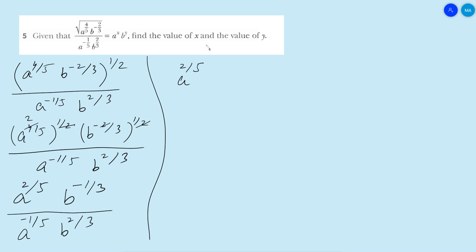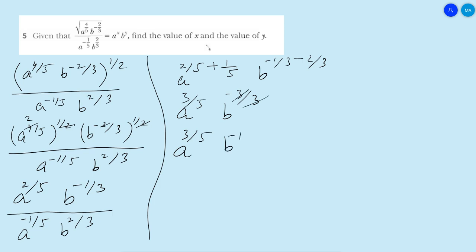Move this minus 1 upon 5 on top. It will be 1 upon 5. B minus 1 upon 3 and minus 2 upon 3. So for A the denominators are same, 2 plus 1 is 3, answer is 3 upon 5. For B the denominators are same, minus 2 minus 1 is minus 3, minus 3 upon 3. So A is 3 upon 5, B, 3 cancel by 3, is minus 1.